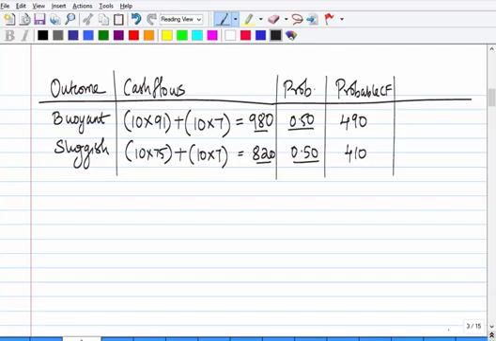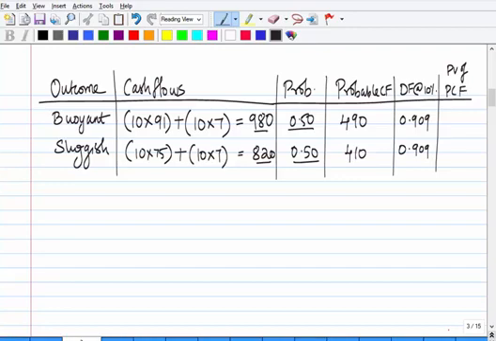What is the cost of capital? What is the discount rate? Discount rate is 10%. So the discount factor at 10% for year 1 will be 0.909. For both cases, it's going to be 0.909. If we multiply this probable cash flow with the discount factor at 10%, we get the present value of probable cash flows.